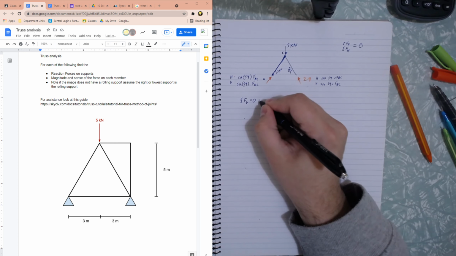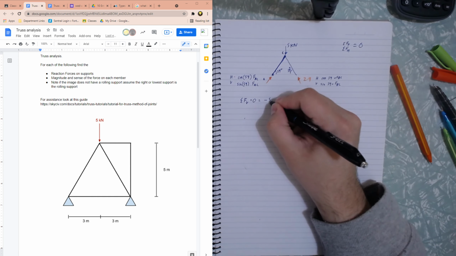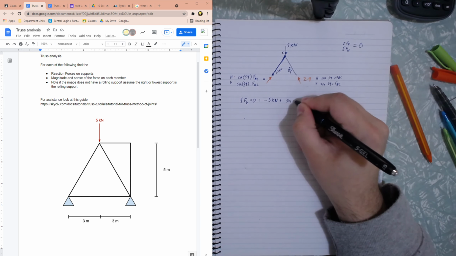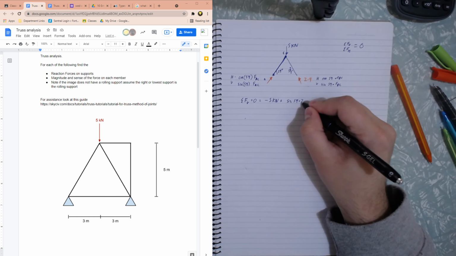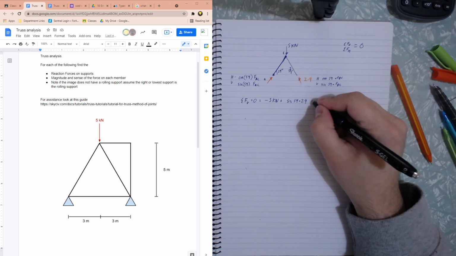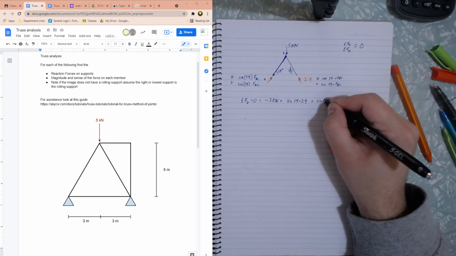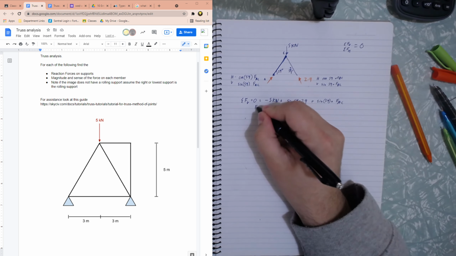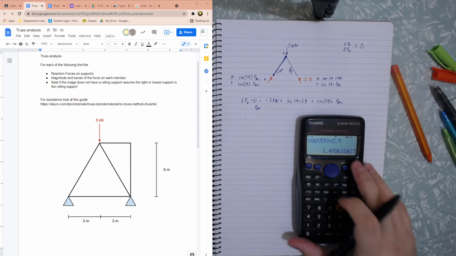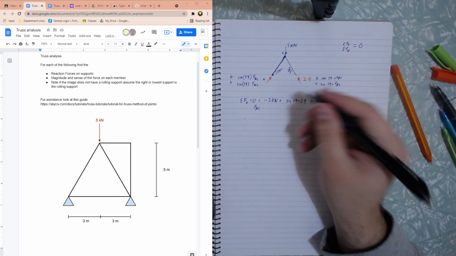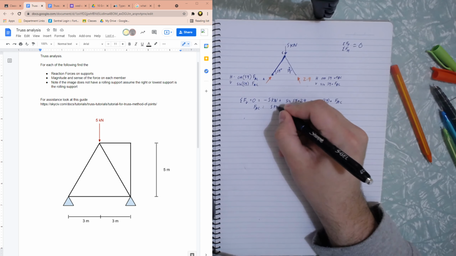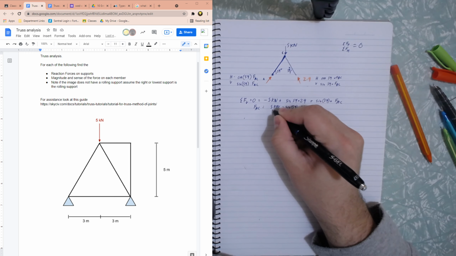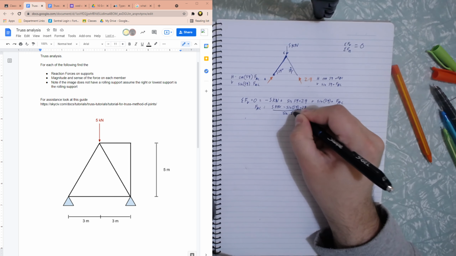Sum of all forces vertical equals 0 equals minus 5 kilonewtons, plus this vertical force, which is sine 59 times 2.9, and then this one over here, which is also plus sine 59 times FAC. So FAC should equal, I'll do it slower, 5 kilonewtons minus sine 59 times 2.9, divided by sine 59.